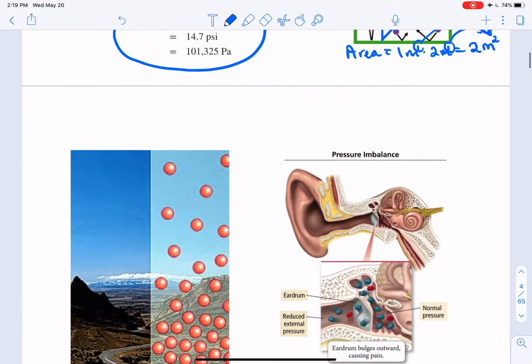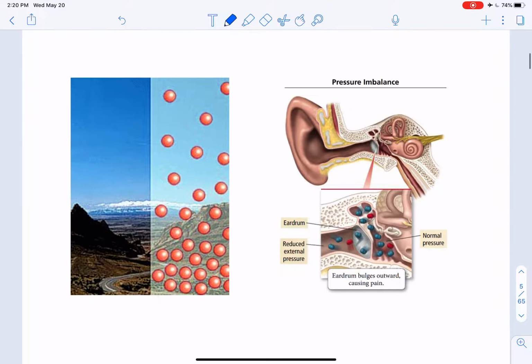All right, moving on. So where do we see pressure in everyday life besides chemistry class? Well, if you've ever driven up a mountain, or if you've been on a plane ride, what you've experienced is your eardrums popping.